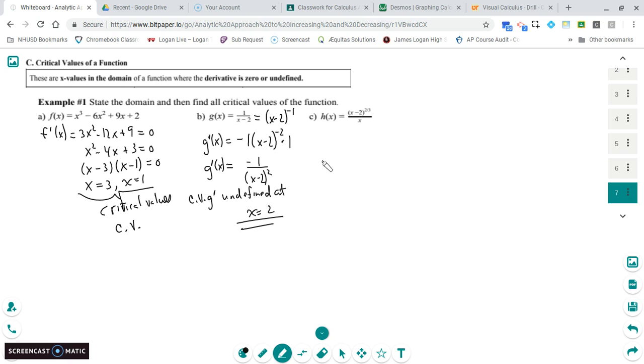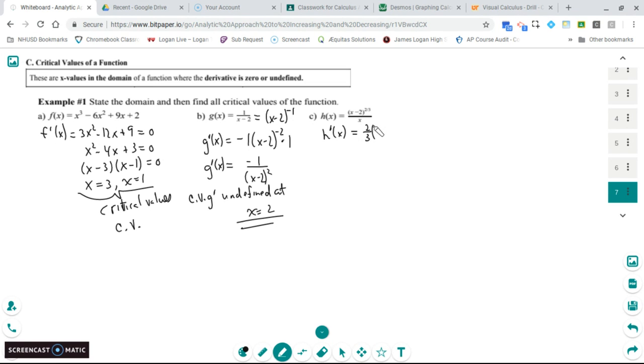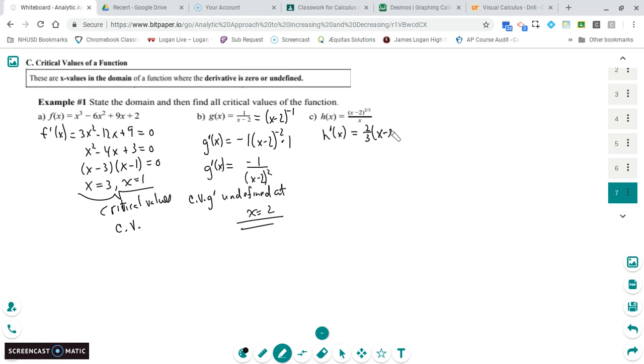All right, let's take a derivative of this. Looks like I'm going to need to do a quotient rule. H prime of x. All right, so derivative of the numerator, power chain rule, 2/3 x minus 2 and subtracting 1 to the -1/3 times the derivative of the inside, which is 1.